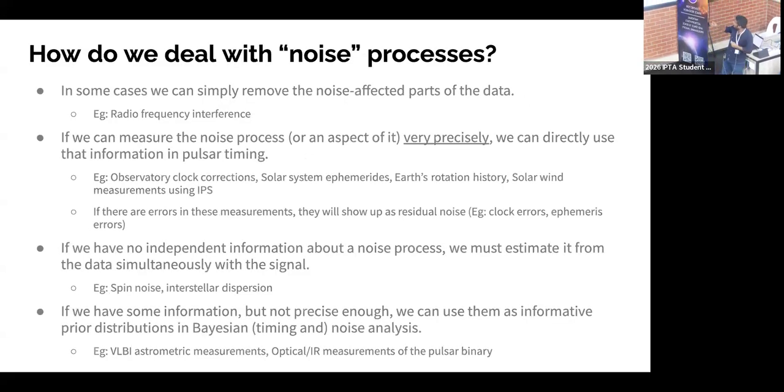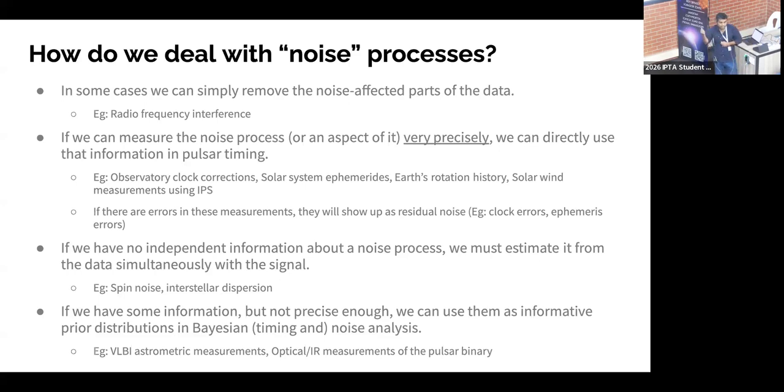Okay, so there are four ways in which we can deal with noise processes in pulsar timing arrays. The first is, in some cases, we can simply remove the noise affected parts of the data. Some types of noise are localized in some sense. An example would be radio frequency interference.